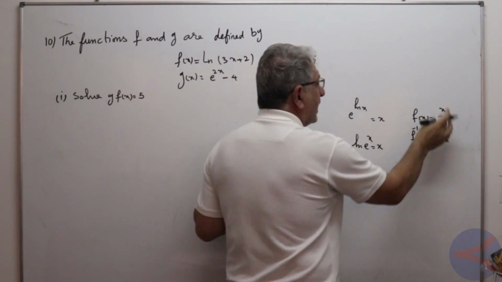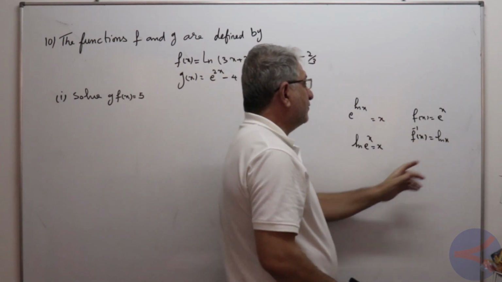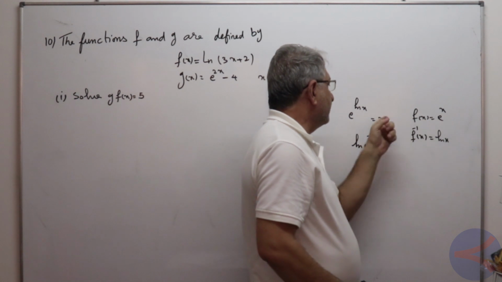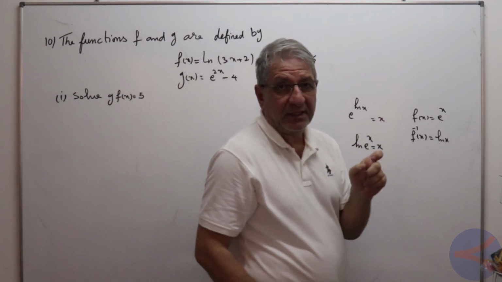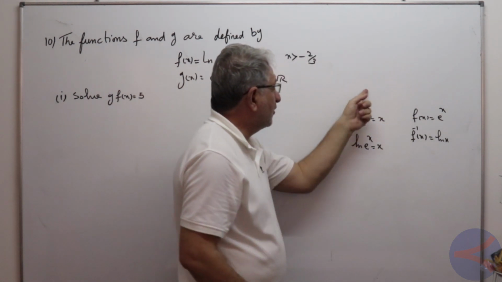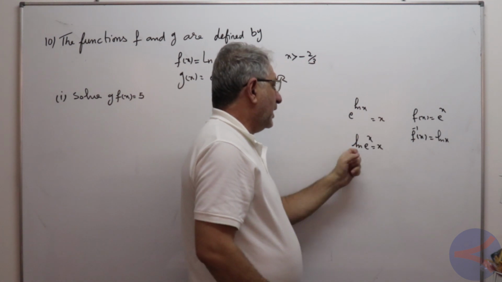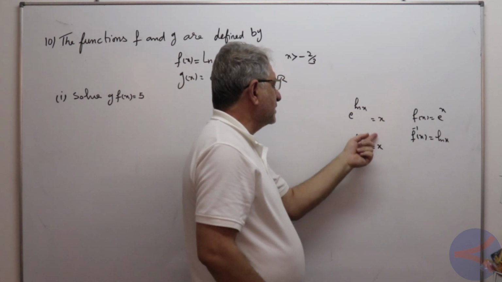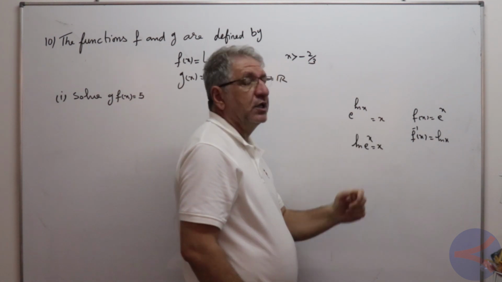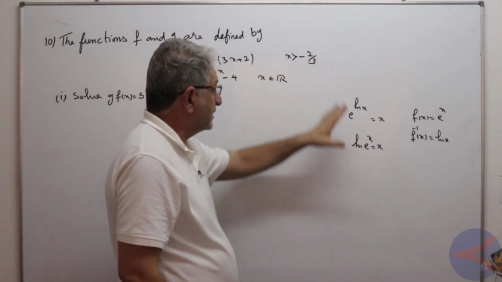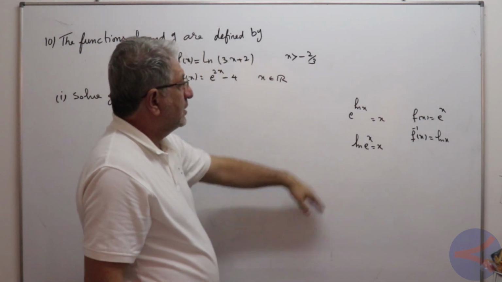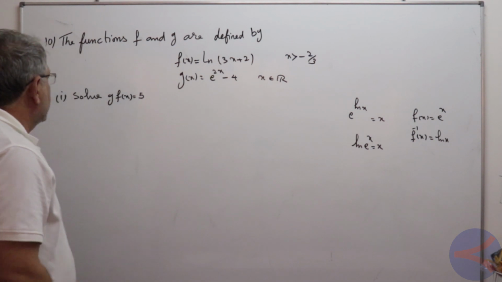Therefore, if you are combining these two, the composition of these two functions will be the identity function x. So remember that e to the power of ln x is x. And this is also very clear because this x comes here, and then ln e will be equal to 1, therefore the answer is x. Anyhow, this is a very important thing which you should remember.